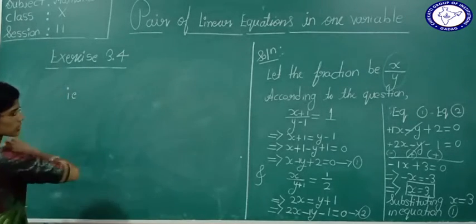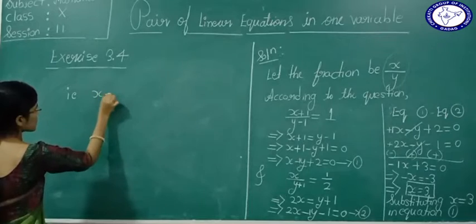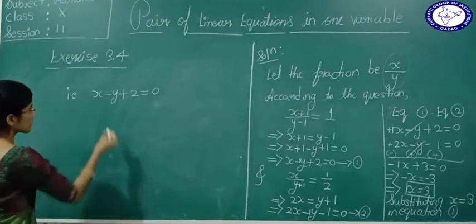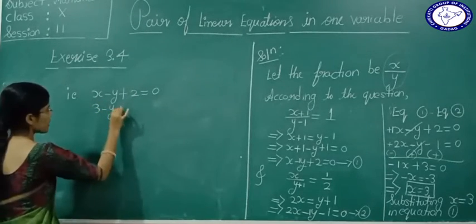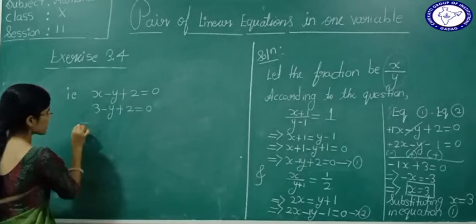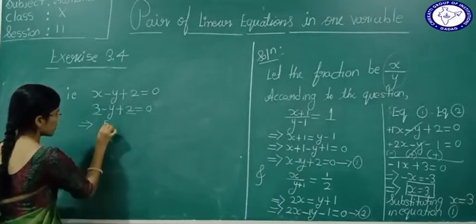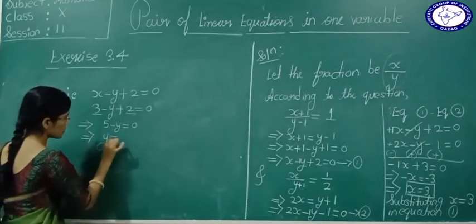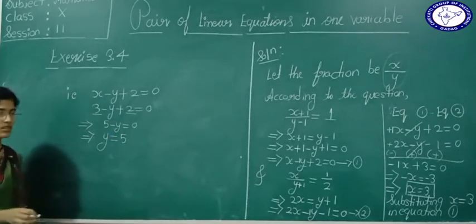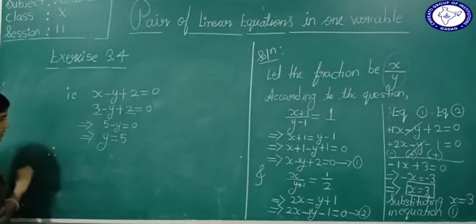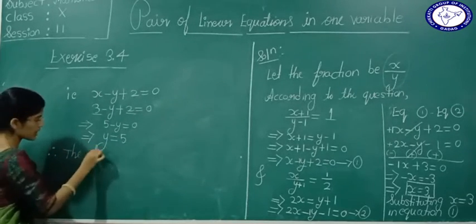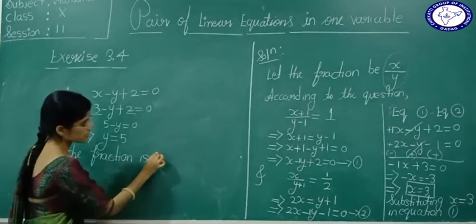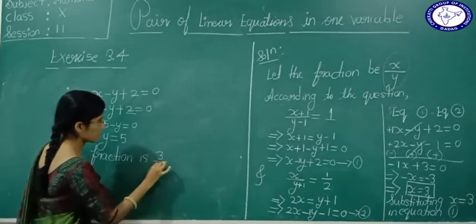What is equation 1? Equation 1 is x minus y plus 2 is equal to 0. X is 3, so 3 minus y plus 2 is equal to 0. So 3 plus 2 is 5. 5 minus y is equal to 0. So y is equal to 5. Therefore the fraction is 3 by 5.